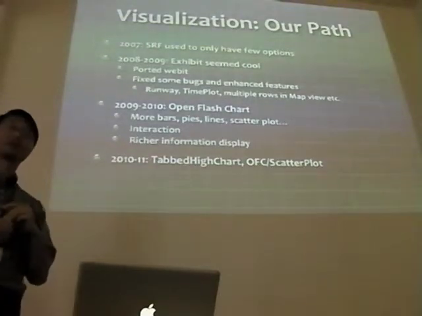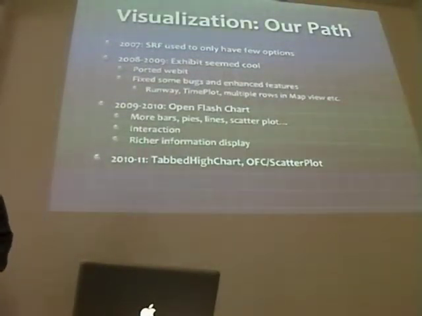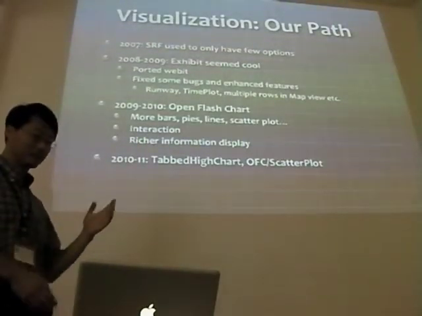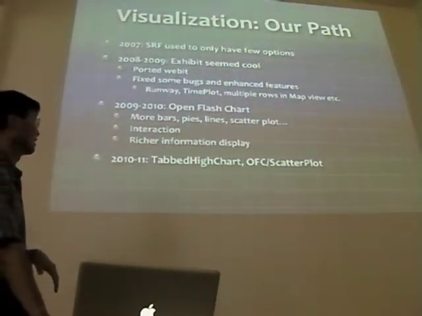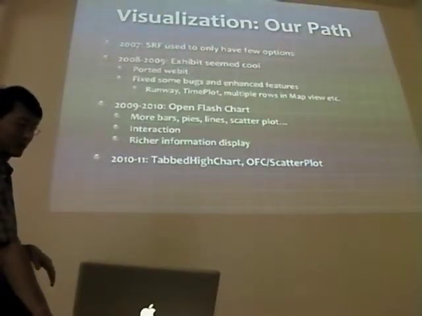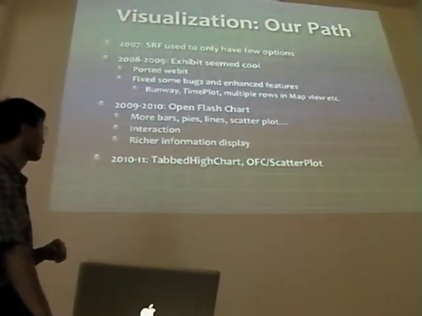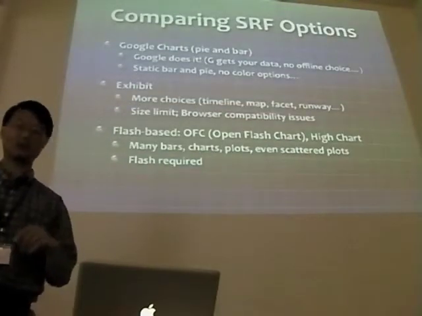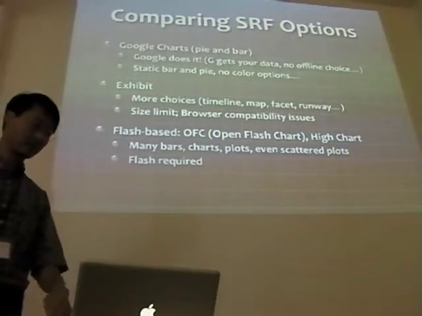We first added the map, as I said, and then Open Flash Chart and richer interaction, and you can play with that if you want. And then this year we added the tab and also HighCharts and scatter plot. That's the end of last year or this year.